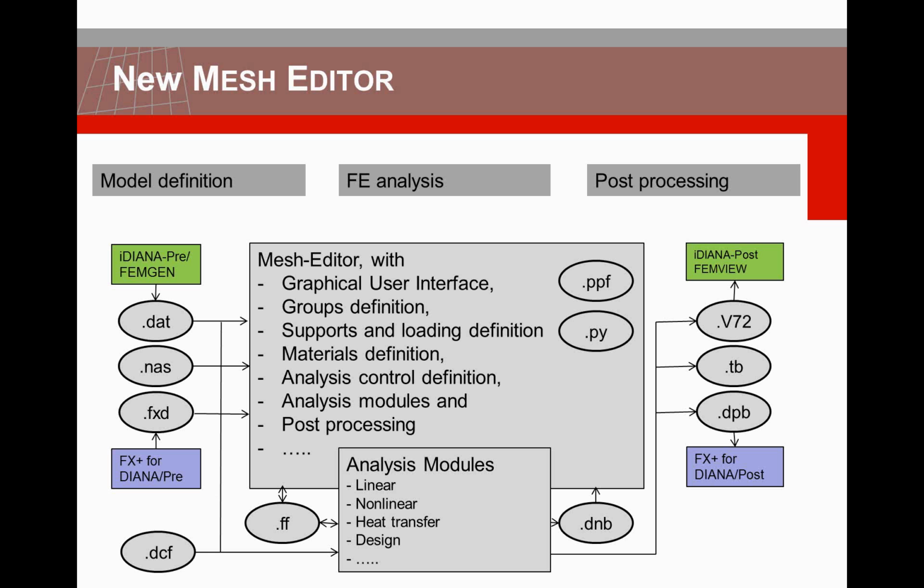This mesh editor covers the full Diana analysis functionalities, so all material models and all analysis settings can be defined in this environment. In the near future, we will extend this same graphical user interface with more pre- and post-processing functionalities.